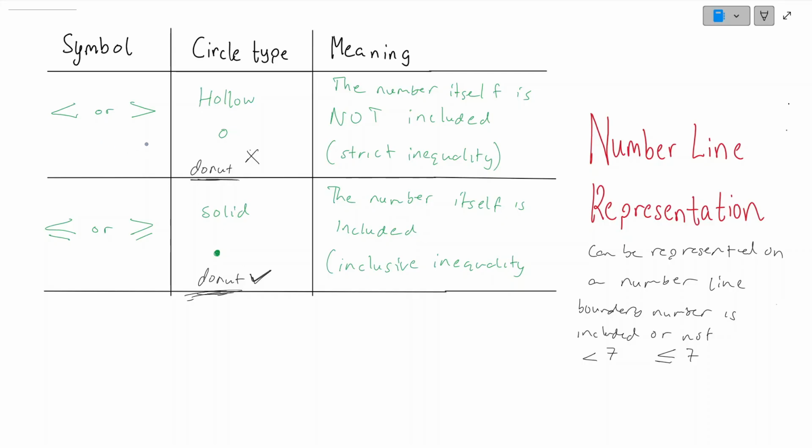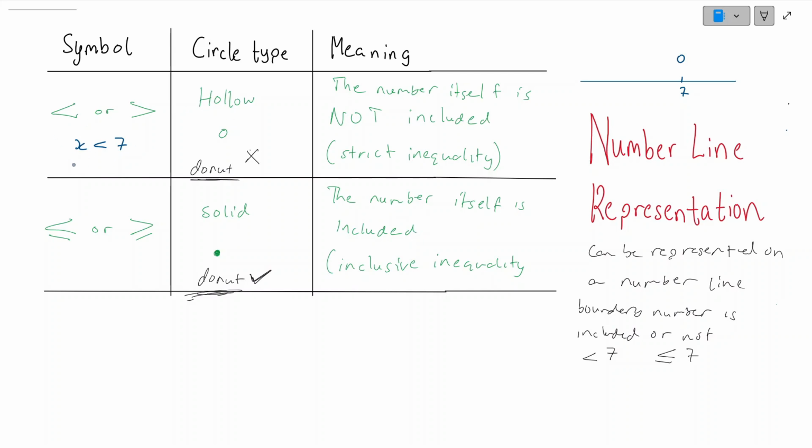Now let's look at examples for each of these being used in practice. For the first one, we're going to look at x is less than 7. And on a number line, which looks like this, at 7, you're going to have a hollow circle because that 7 is not included.